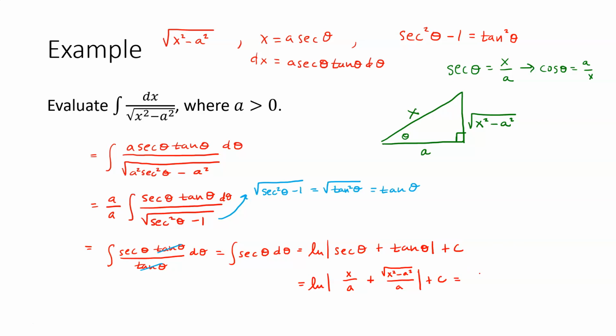One thing I could also do is combine these together, so you've got x plus square root of x squared minus a squared.